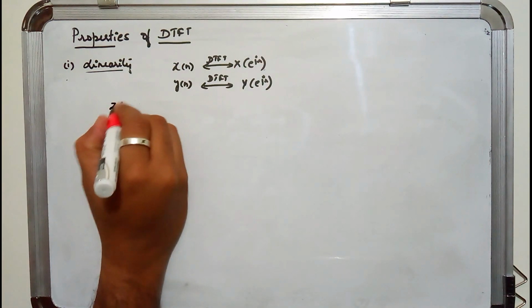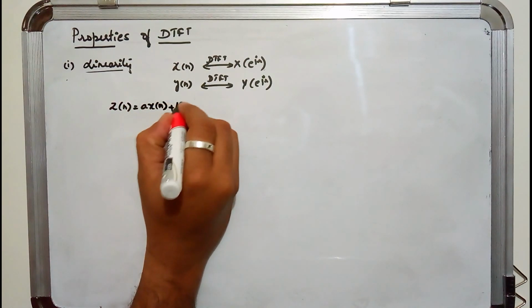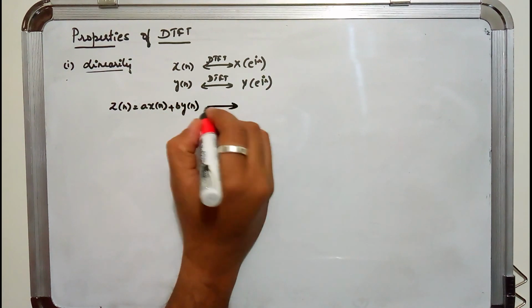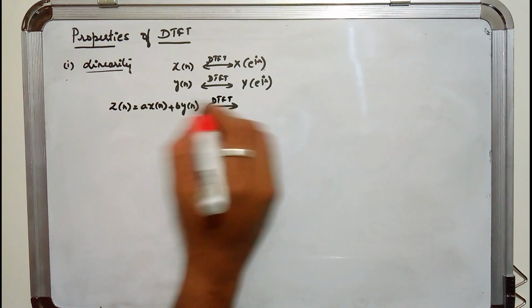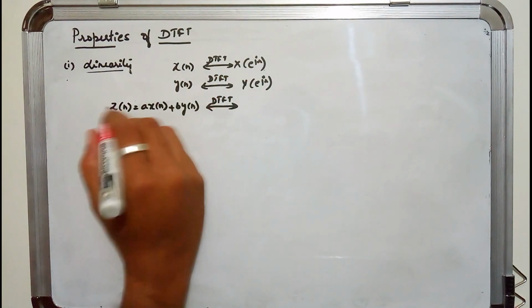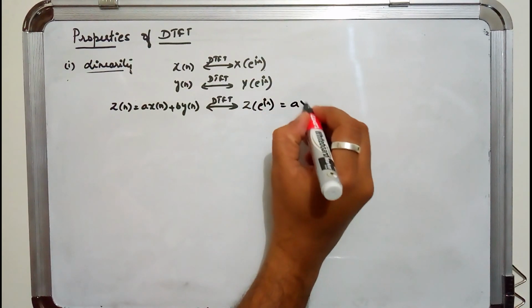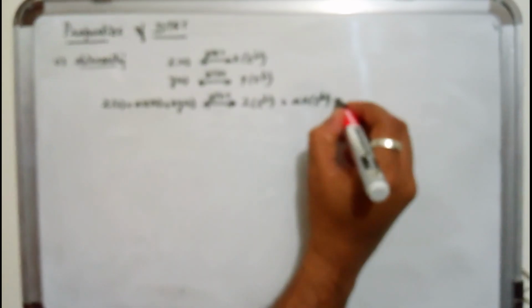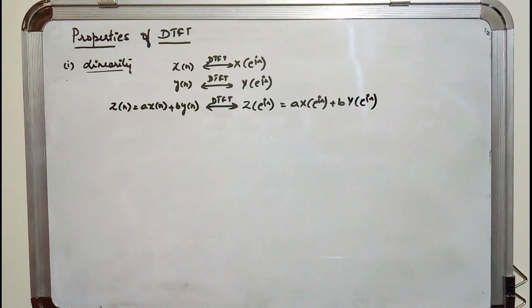That means if I take z of n as a into x of n plus b into y of n, that is a weighted sum of two signals, then z of n will give Z of e power j omega, that will be equal to a into X of e power j omega plus b into Y of e power j omega. So this is what I need to prove.